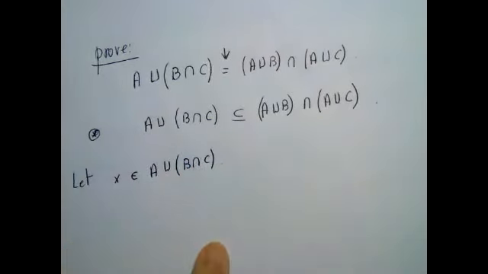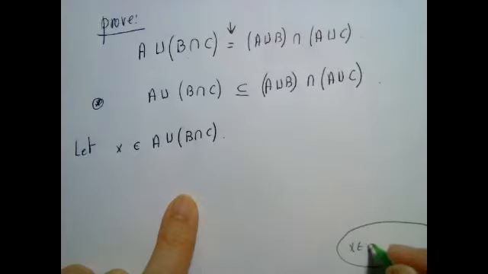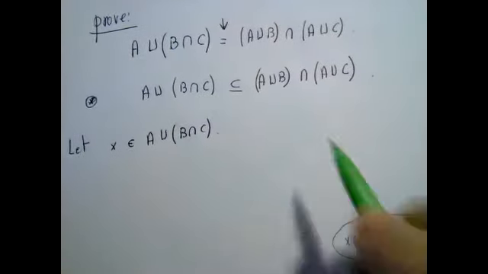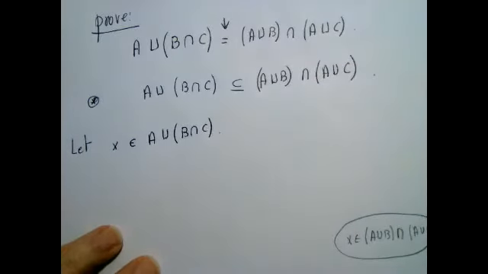I start with that. And what's my goal at the end? We're trying to prove that X is an element of (A union B) intersect (A union C). Very good. That's what we have to prove. We always have to know where we're heading. Very good. All right, Tim, do you feel comfortable? Keep going.